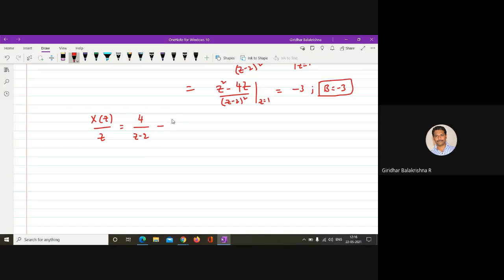Therefore, minus 3 by z minus 1 plus c by z minus 1 whole square. What is the value of c? Minus 1. Therefore, minus 1 by z minus 1 whole square. In the problem, which system they have specified? Causal.